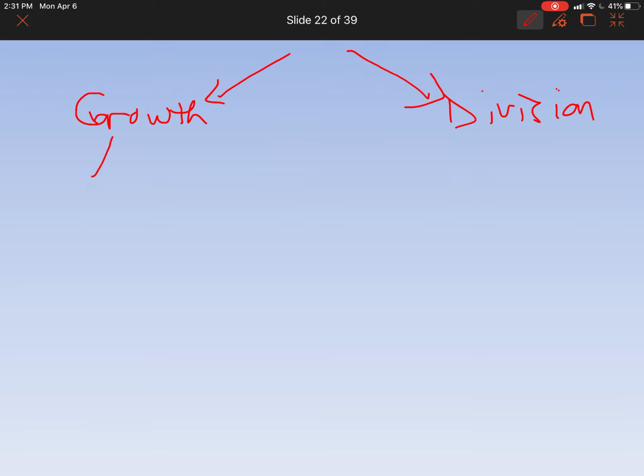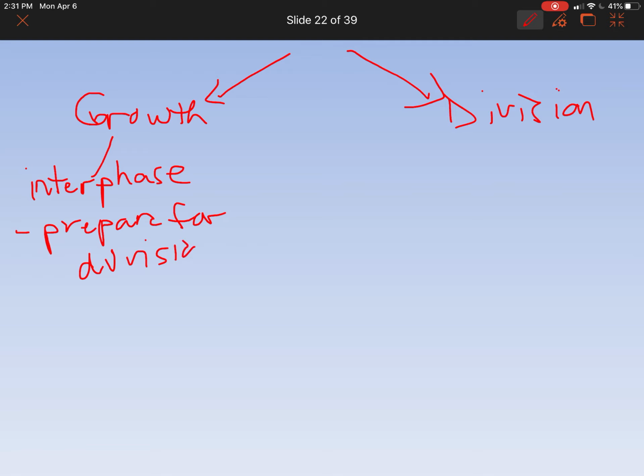Now, in the growth section, this is known as our interphase. So in here, we are preparing for division. Now, on the division side here, division is broken up into two parts.